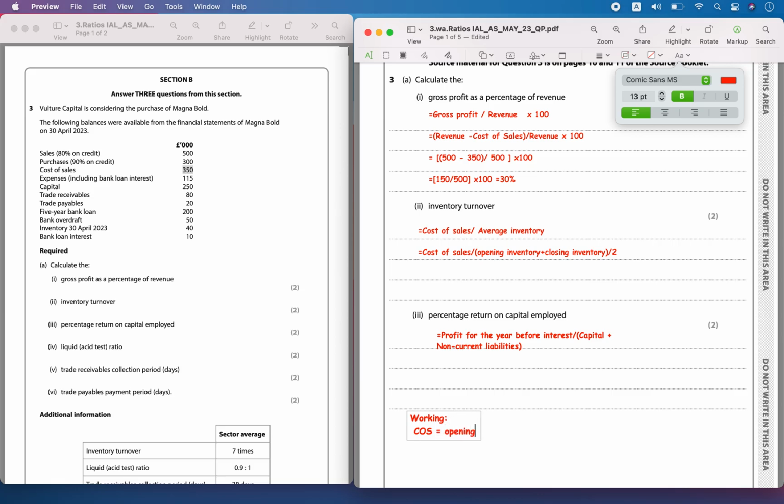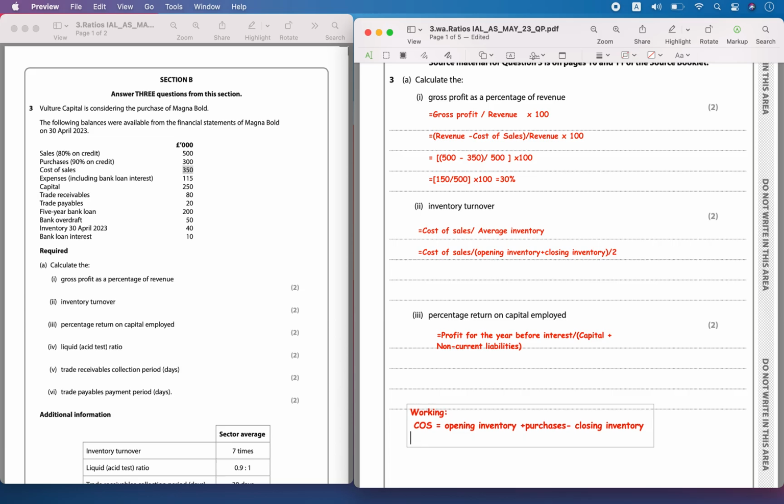Cost of sales is equal to opening inventory plus purchases minus closing inventory. From this we have to calculate the opening inventory. So let's replace: cost of sales is 350, which is equal to opening inventory plus purchases, which is around 300, minus the closing inventory of 40.